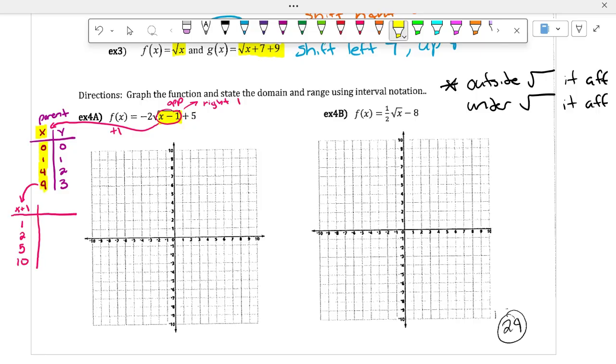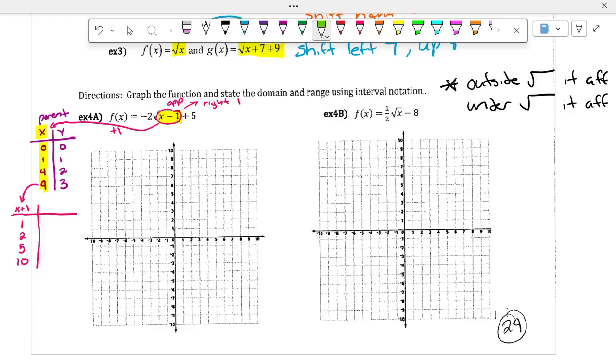That'll take care of the right one. Which makes sense, because isn't 1 to the right of 0? Yes, it is.